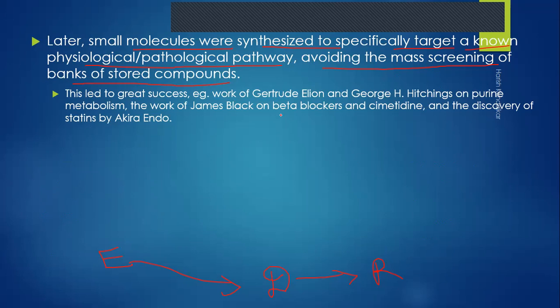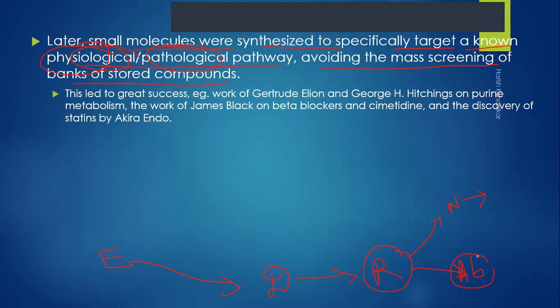But now what they do is they try to find out which receptors are involved in a specific disease, either physiologically or pathologically. Yani in the normal processes or in the abnormal processes, right? So in the normal processes, if a receptor is involved, that is called a physiological pathway, right?